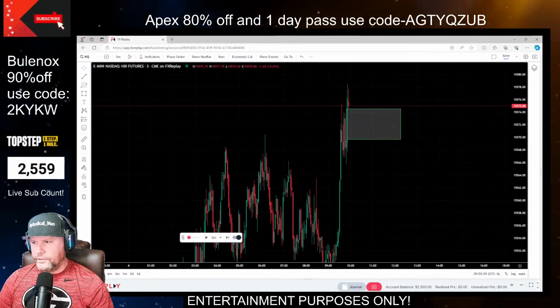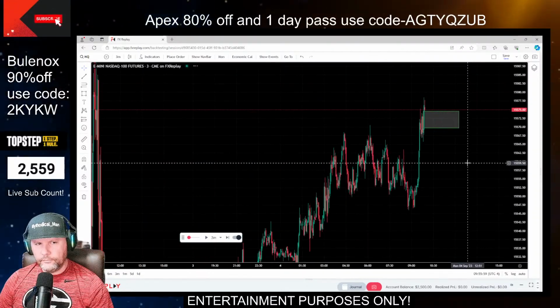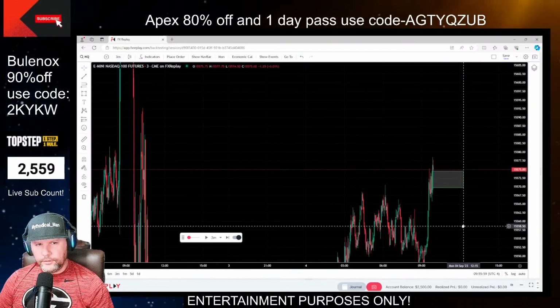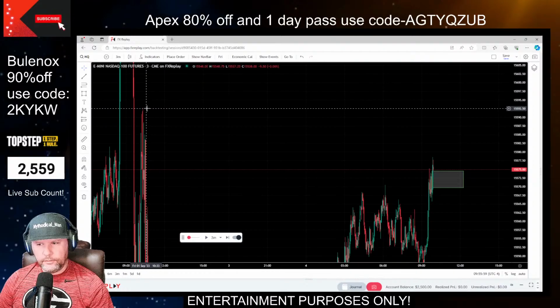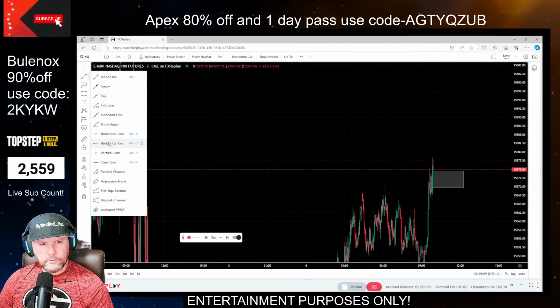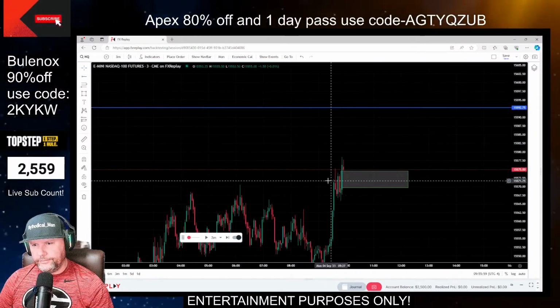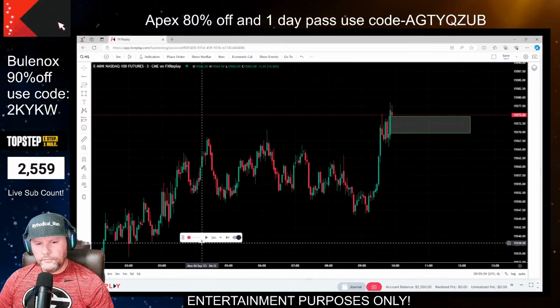So, I mean, we're kind of looking for shorts here. We ran some buy side already, obviously. I guess there's still more buy side up there. This is the only thing about back testing that makes it hard sometimes.